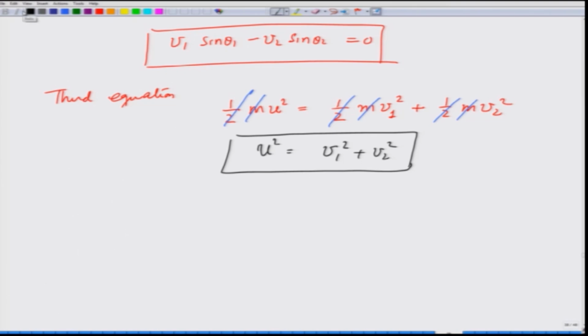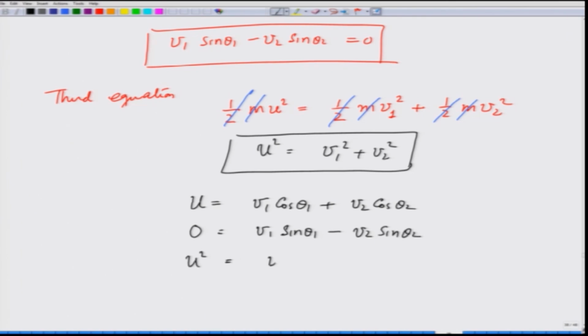So, three equations I have is u equals v1 cosine of theta 1 plus v2 cosine of theta 2. I have 0 equals v1 sin theta 1 minus v2 sin theta 2, and u square equals v1 square plus v2 square. Equation 1, equation 2, equation 3. How many unknowns are there? I have unknowns.